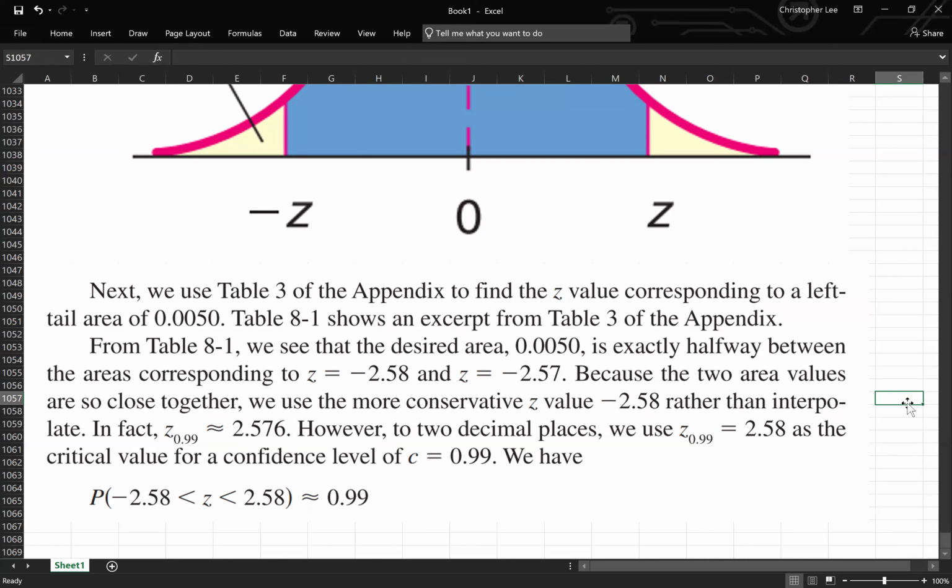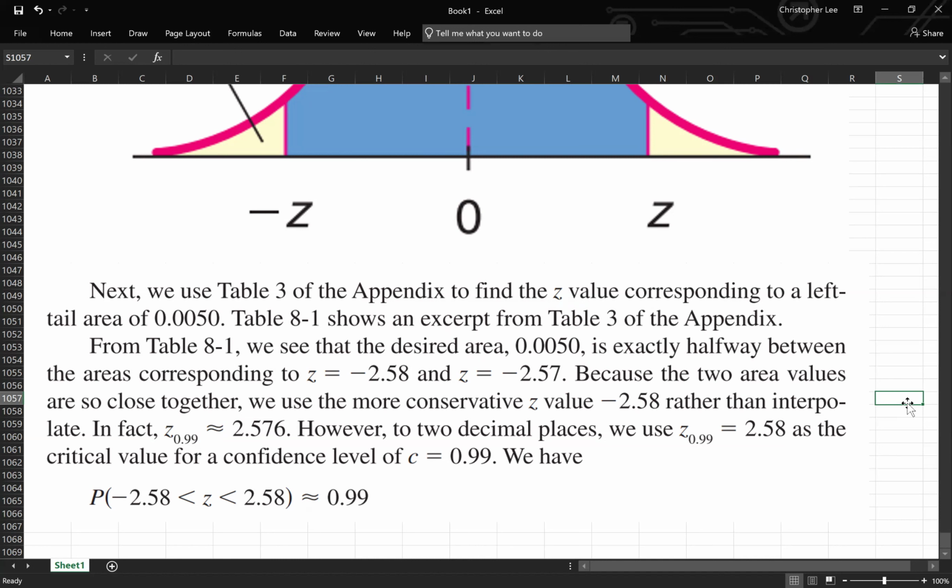So when we look at the table, we get that Z is equal to negative 2.58, and Z is equal to negative 2.57. Because the two area values are so close together, we use the more conservative Z value, which is negative 2.58, rather than interpolating. In fact, Z for 0.99 is 2.576.